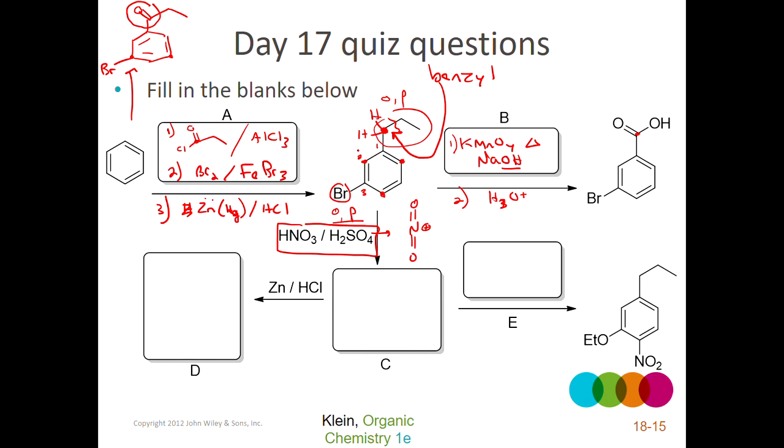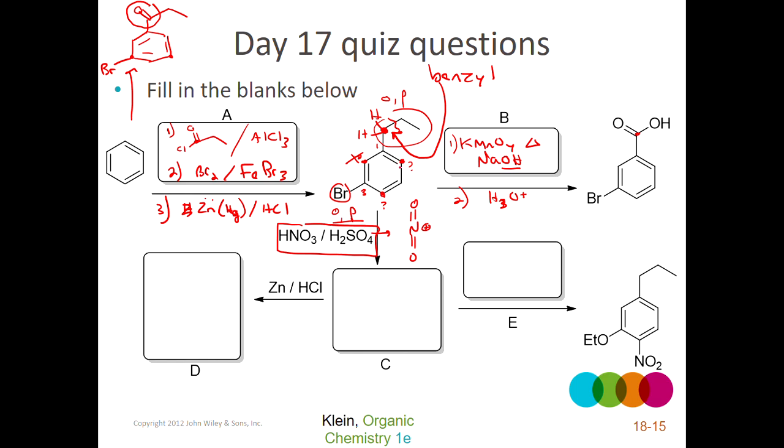So I can definitely expect the nitro group not to end up here because of sterics. We said last time that we don't expect an EAS reaction to occur on a carbon that's between 2 substituted carbons because of the sterics. So then I'm considering here versus here. And again, sterics is the major thing that's going to help me decide.